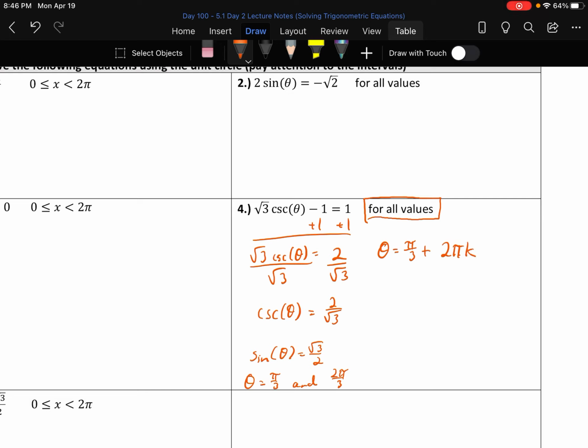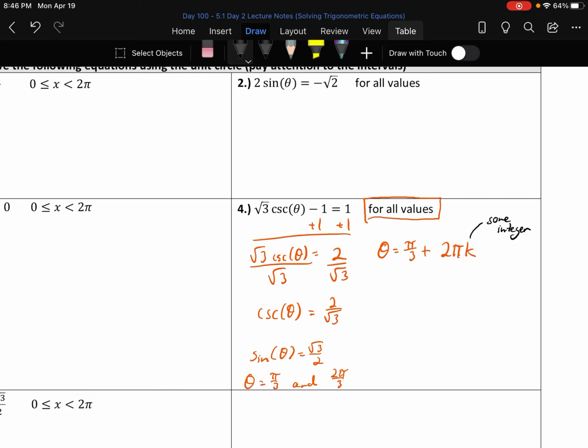You might be wondering, what in the world is k? K is just an integer. So let me make a comment here off to the side. k represents any integer, and an integer is any whole number, positive or negative: 1, 2, 3, -1, -2, -3, and so on.